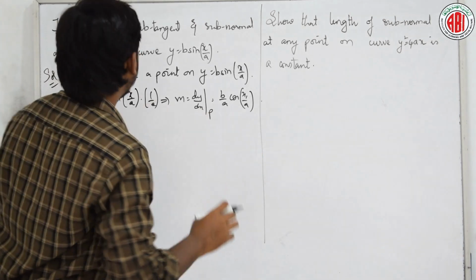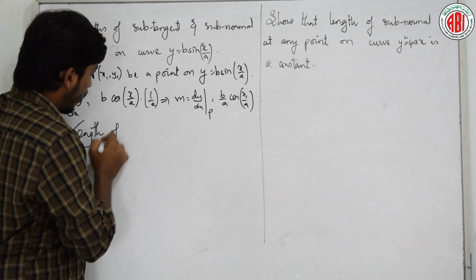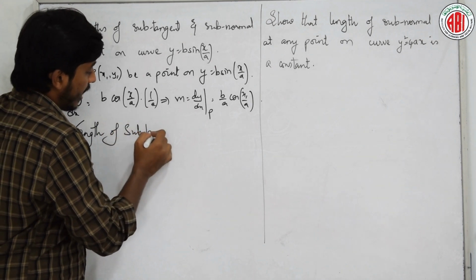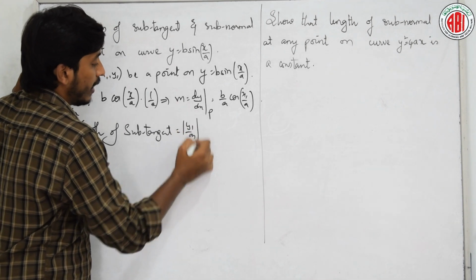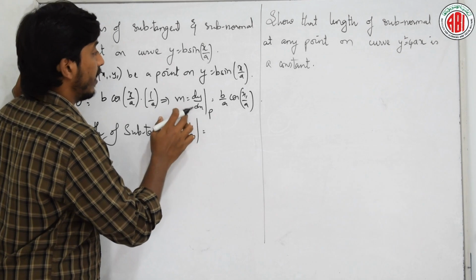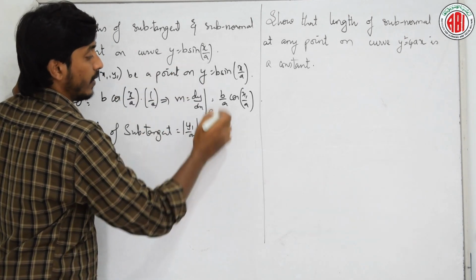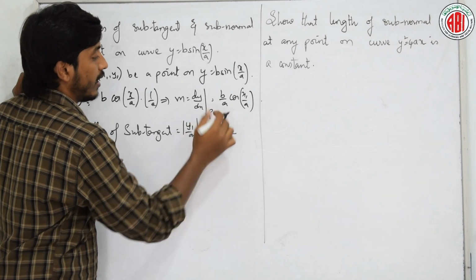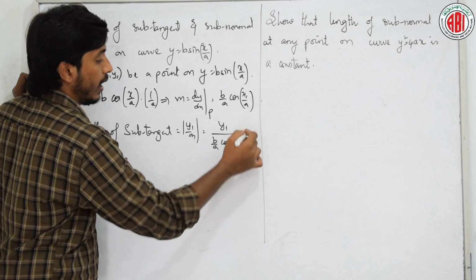Okay. Then the length of subtangent is equal to y1 by m. What is y1? y1 is nothing but the y coordinate, as it is. By what is m? b by a cos x1 by a.